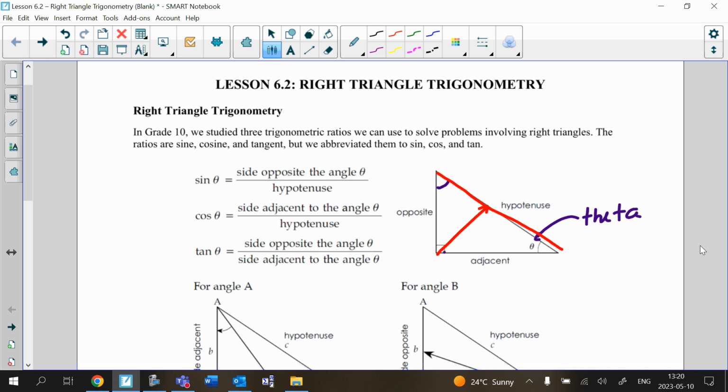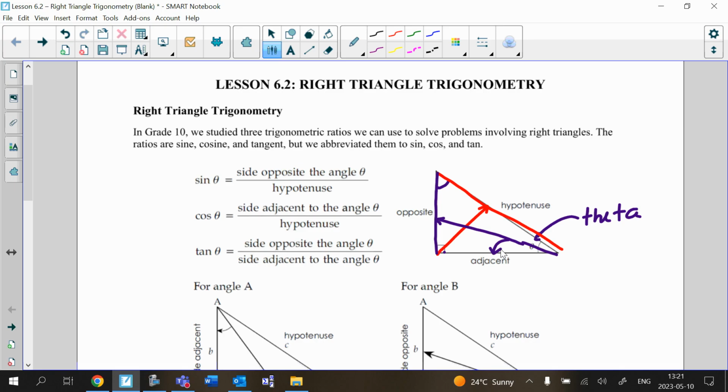To find the side that's here in relation to this angle, well, if we draw an arrow out from this angle, we hit the opposite side. And the third side, which we usually just get by elimination, is called the adjacent side. So this would be the adjacent side because it's beside this angle. That's how we name the sides.